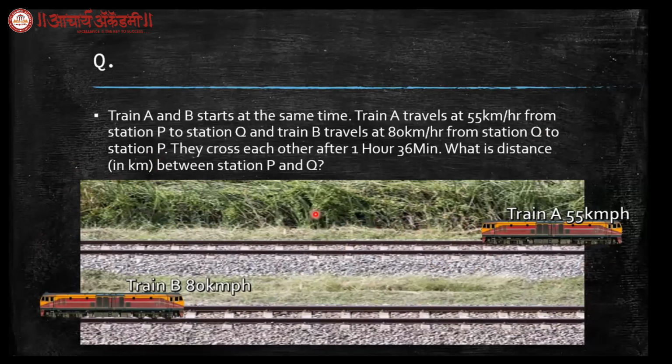For finding that, we have the formula: speed is equal to distance upon time, so distance is equal to speed into time. Here two speeds are given, 80 kilometer per hour and 55 kilometer per hour. So I ask all of you: what should I take for calculating the distance?